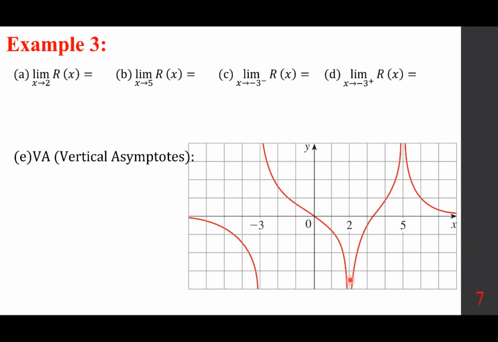And so the answer is negative infinity. So in both cases, we are going down to negative infinity. In the case of number 5, the left side blows up to infinity, the right side the same thing. So this limit is infinity.